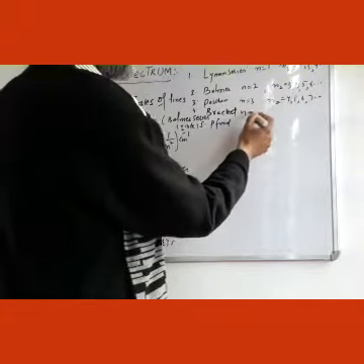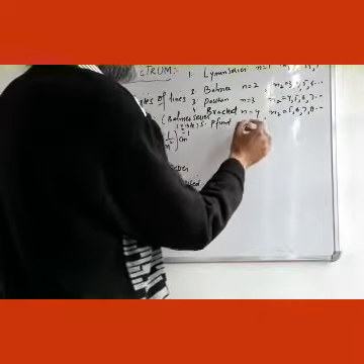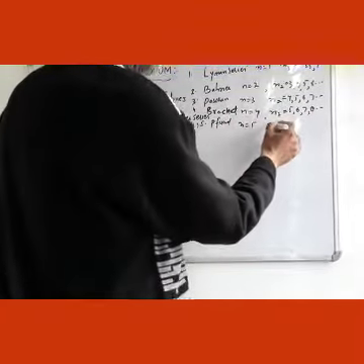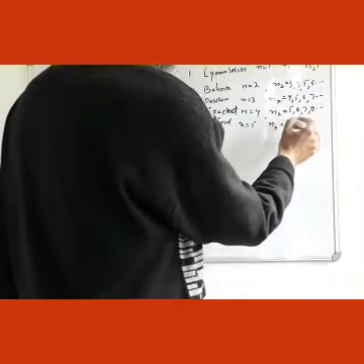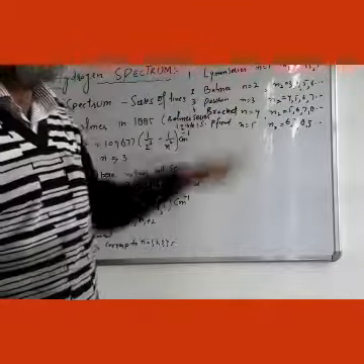In Brackett, n1 is equal to 4, n2 is equal to 5, 6, 7, 8, and so on. In Pfund, n1 is equal to 5, so n2 is equal to 6, 7, 8, 9, and so on. So these are five series of lines named after their discoverers.